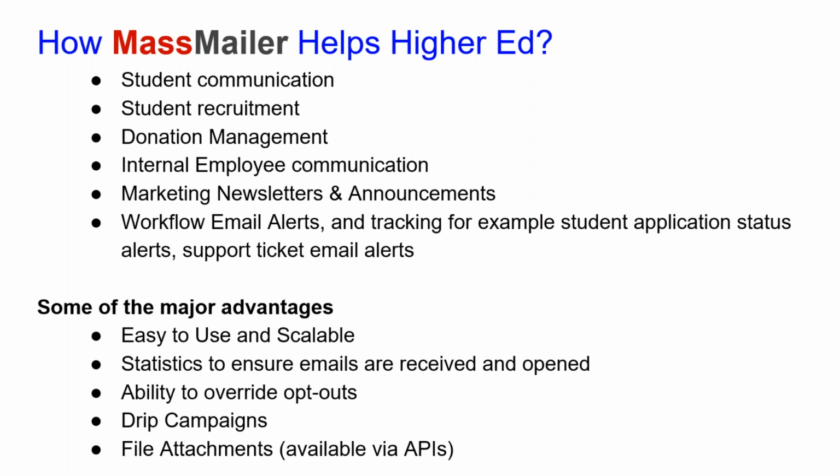And one of the really big things that can really help is the fact that we integrate with the workflows and Process Builder of Salesforce, which allows you to track email alerts and tracking. For example, you can do student application statuses and alerts and the like. And also with things like recruitment and donations.